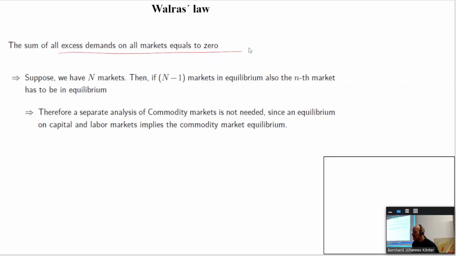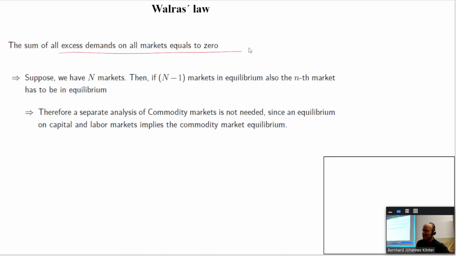And for this, if we look at our economy in the neoclassical view, then we look at the labor market. We look at the capital market from the supply side, because we need this in order to produce. We look at the money market.